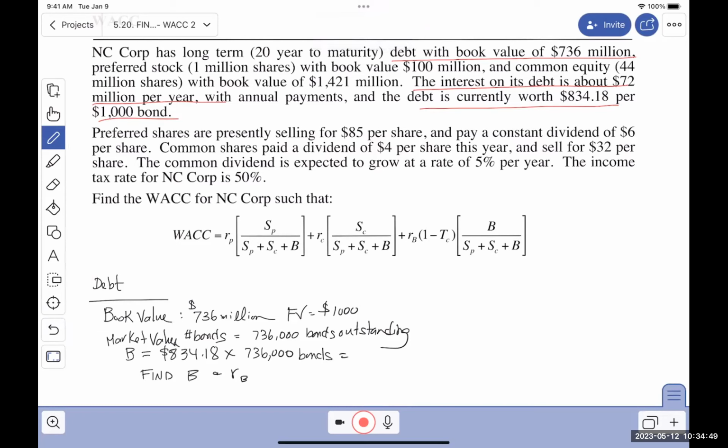So what's B? 613 million. $613,000,000. 613,956,480.